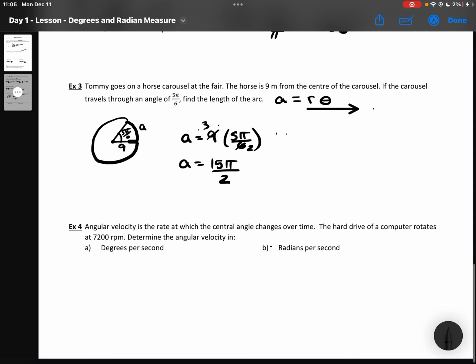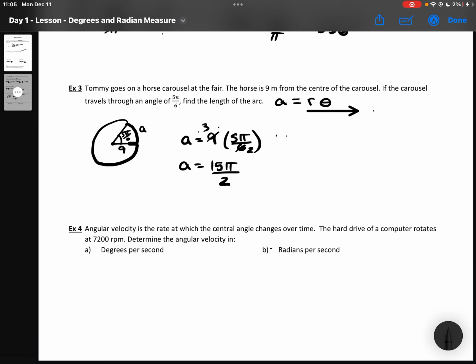The last one is some work with units. We're just changing 7,200 rotations per minute into degrees per second and then radians per second. So I'm going to start, I've got 7,200 rotations per minute. And now what I'm going to multiply and divide by depends on my units. I know that I've got 360 degrees in one rotation.